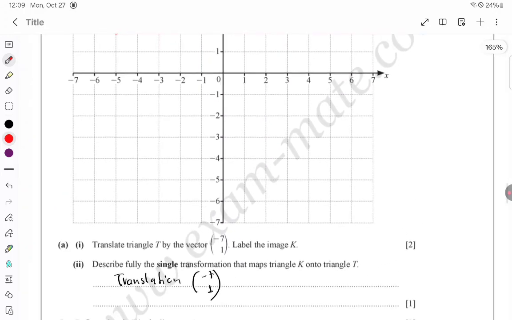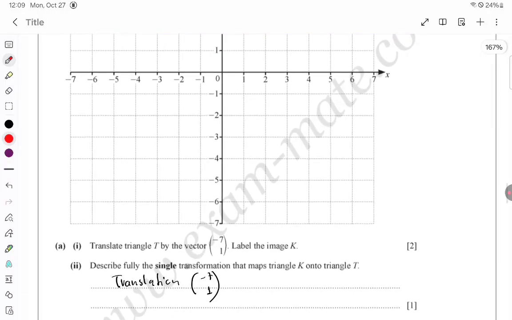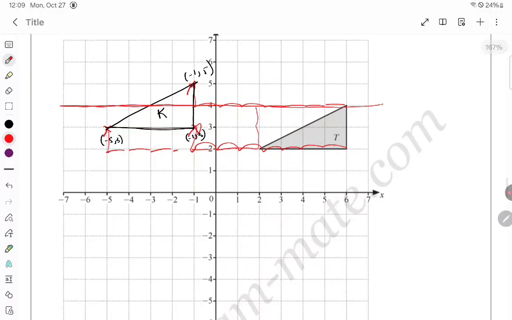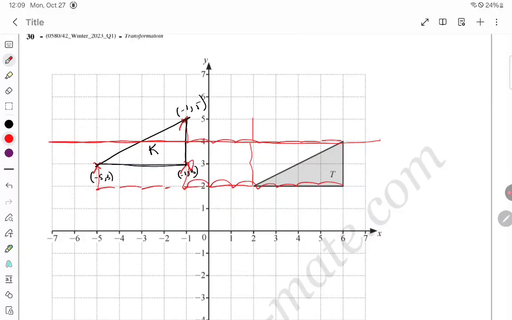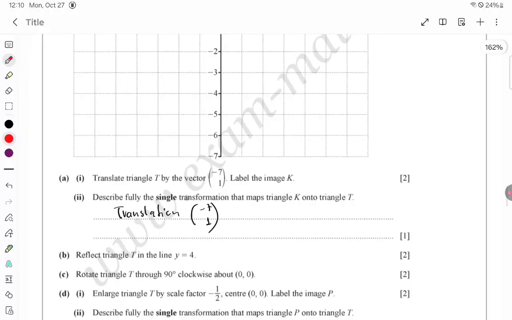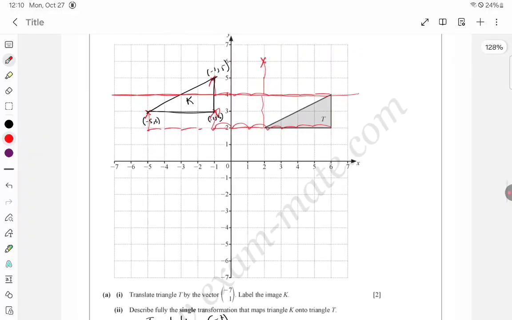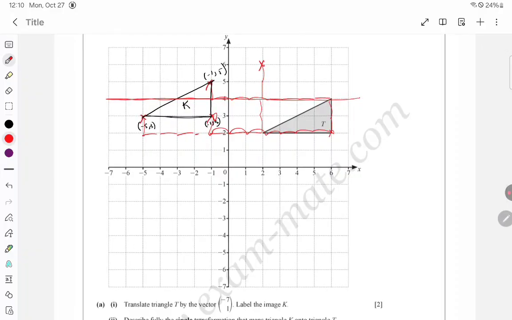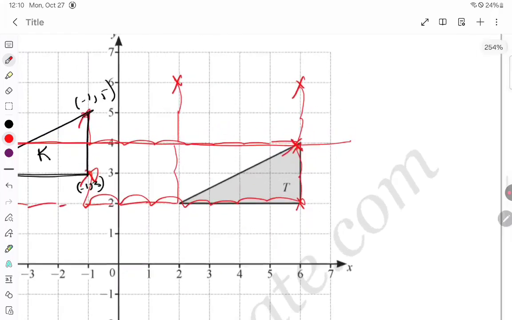Now for the reflection, 1, 2, and for this point, 1, 2, mark, and for the other point, there is no distance, so we can simply mark this point where the distance is 0.